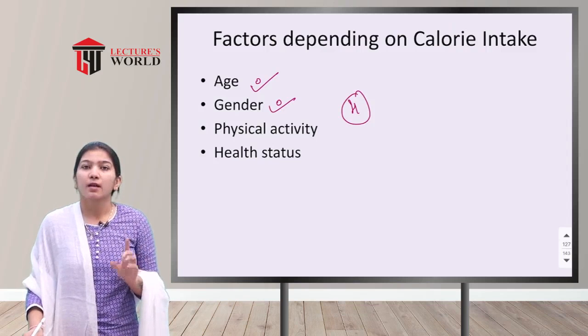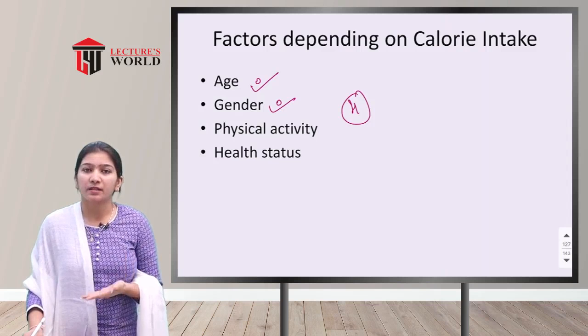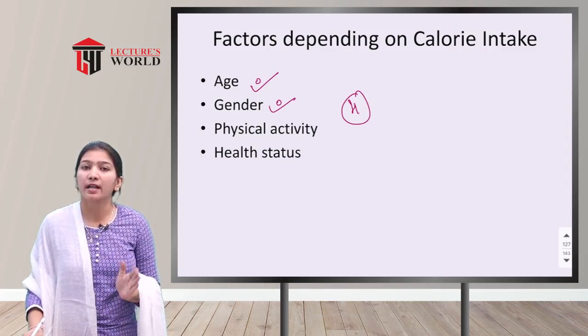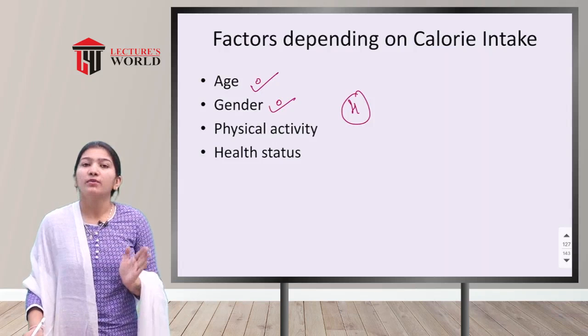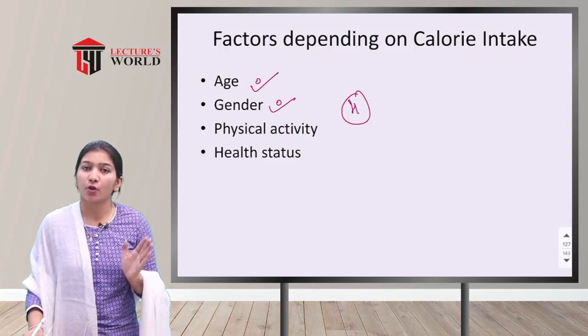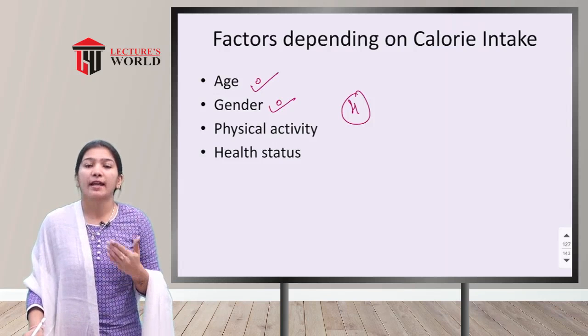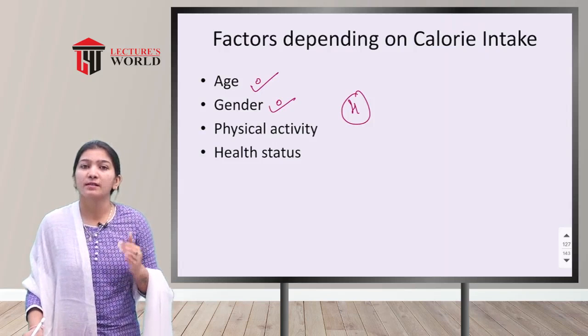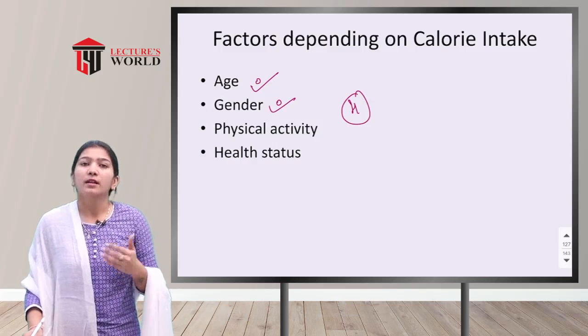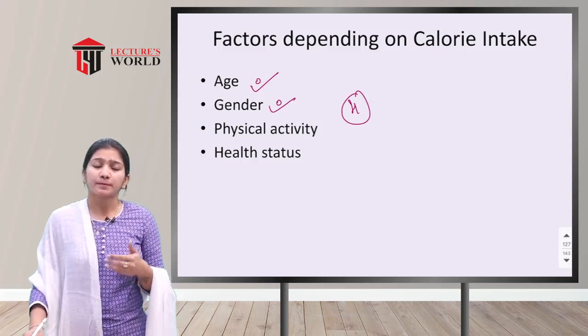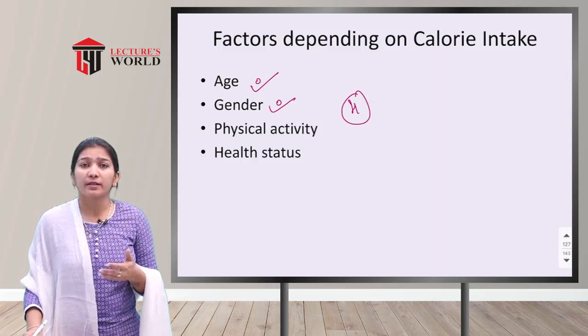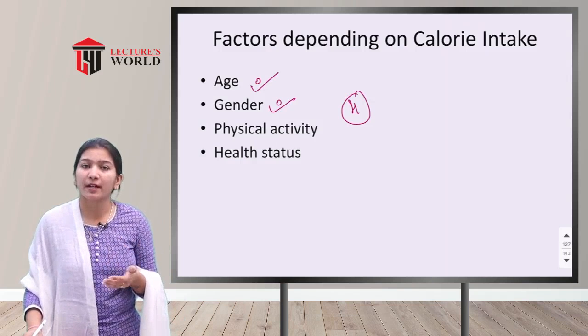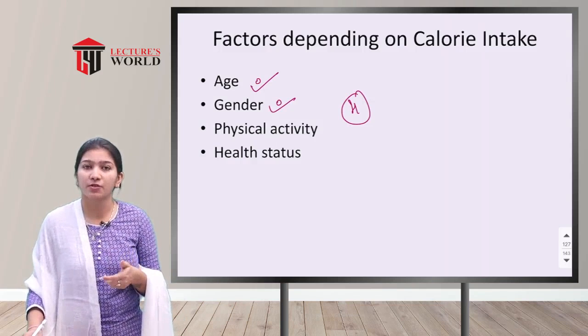When we are talking about the general case, males have a higher calorie requirement compared to females. But when females are pregnant or in the lactation period, during these 2 periods the calorie requirement of females is very high, because during pregnancy there is development of the fetus, development of the mammary gland and development of the placenta.